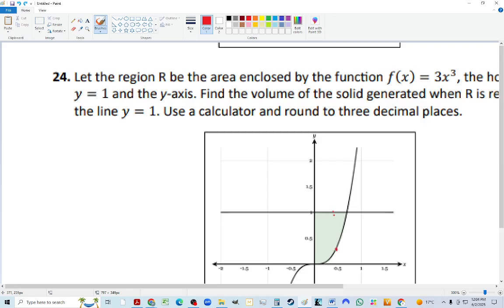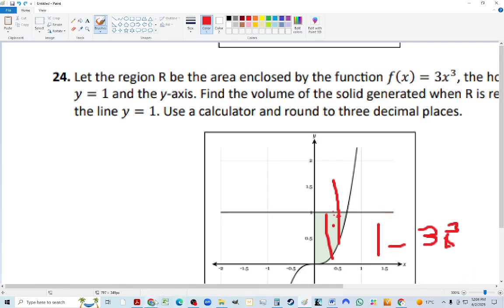And we know if we take the integral of that spot, we get the area beneath there. So to get this circle radius, it would be 1 minus 3x cubed. Now, a radius has to be squared too, so we have to square it.